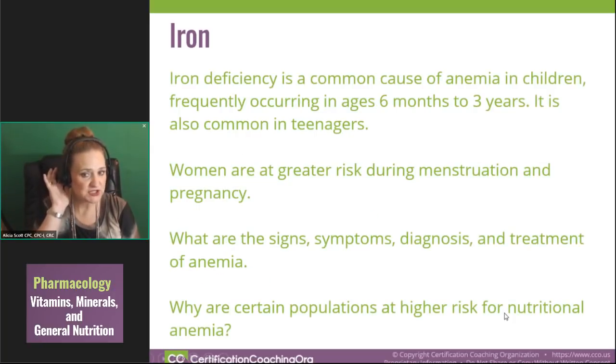Know that iron deficiency is pretty frequent in children between 6 months and 3 years. Also teenagers can have iron deficiency, but mostly females because of menstruation. And during pregnancy, the baby is absorbing the iron and needs the iron.